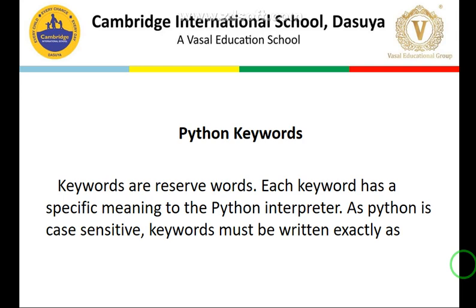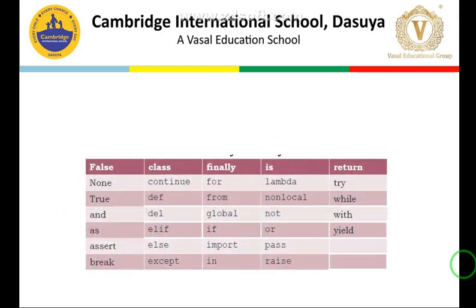Keywords must be written exactly as they have been defined. For example, True is written with the first T capital and the rest small. We cannot use it in a different way. You can see here the list of keywords, and at the top left is False. Whenever we use it as a keyword, the F should be capital.